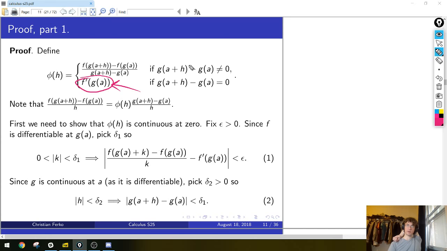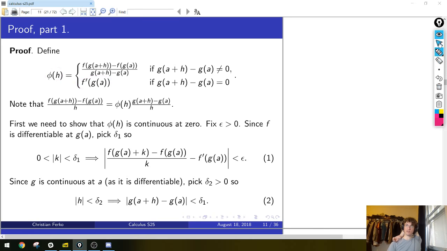So that's what we did in this slide and the next slide. We were trying to prove that the limit as h goes to 0 of this helper function phi that we're defining to prove the chain rule is this thing. That required a fairly detailed technical argument, so we had to do some epsilon management. We fixed an epsilon, we used the assumptions of the theorem, differentiability of f, continuity of g.